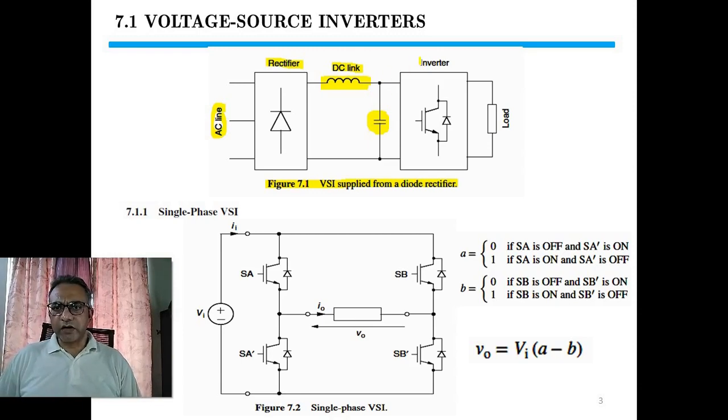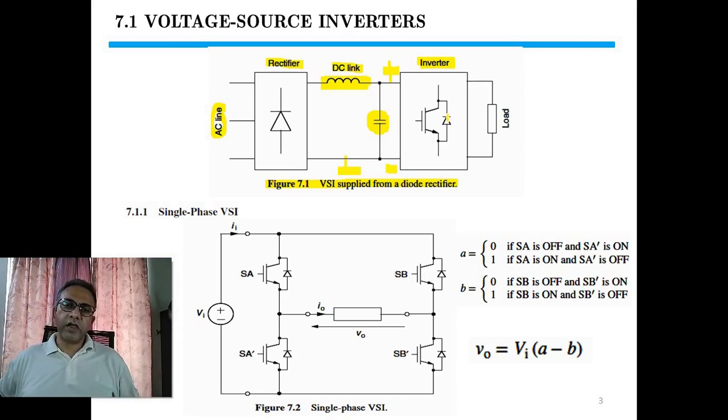After this comes the inverter itself. Here is the inverter. The input of the inverter is DC. We have positive voltage at the top and negative voltage at the bottom, and normally we can ground over here. The inverter can be of many types. The inverter will always convert DC voltage to AC voltage.